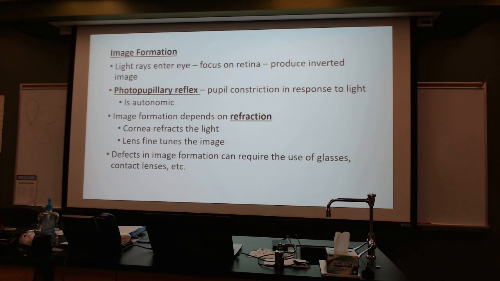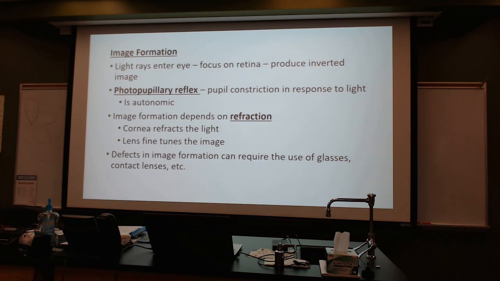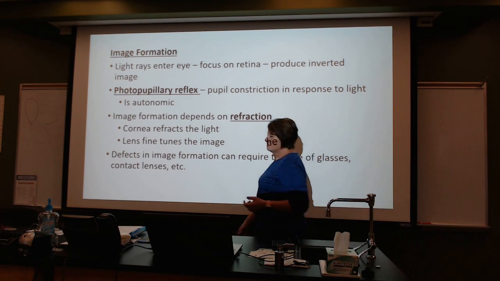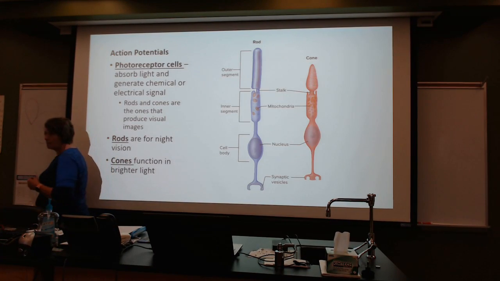Most of the time, glasses or contact lens, their job is to change the way the light would come in and refract, change that so that it hits on the retina correctly for you to be able to have the correct image. Okay? Making your vision clear, better.